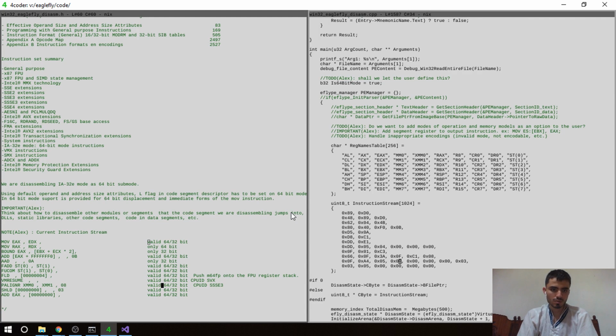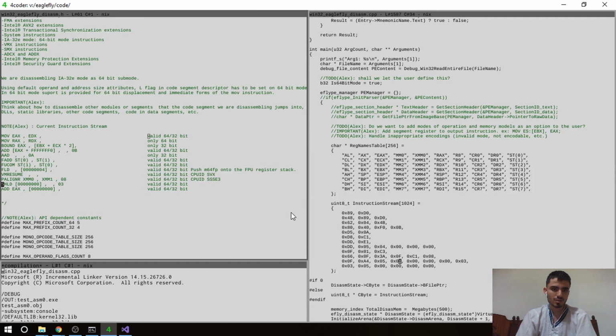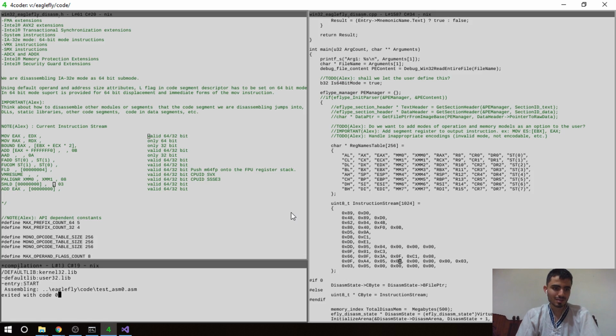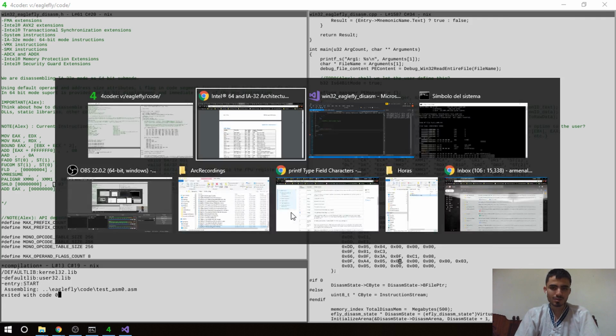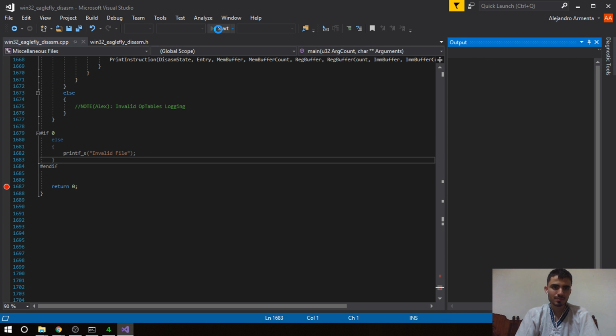So let's compare that and let's see the reason that we don't have the shift complete. So this is not correct. We found a bug, that's good. So let's go and see what's going on there.